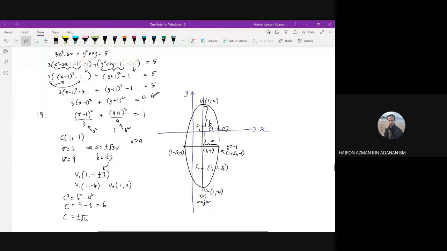Okay, next, how to get the center. The center you get from here: x minus 1 and y plus 1 equal to 0. Okay, and then how to calculate the value of c. The biggest one minus the smallest value. So you get c squared equal to 6. And then how to draw, and then how to calculate the major vertices. That's an important thing you have to know.